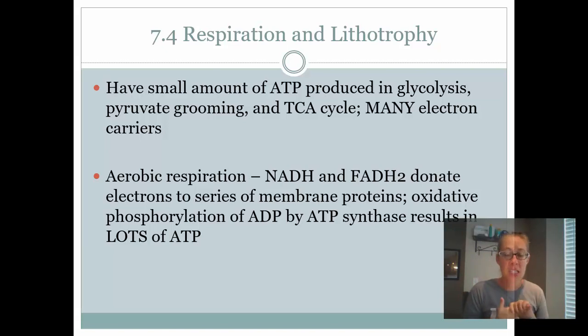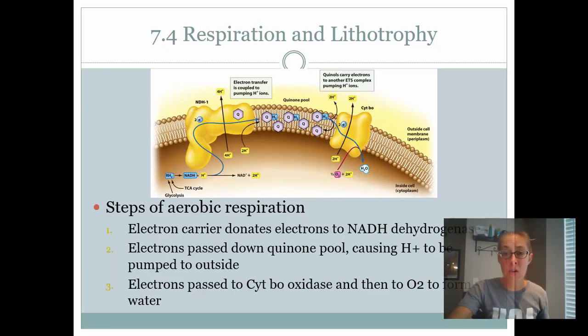But the context that we are going to look at it for is how we generate ATP by having these hydrogen ions flow through ATP synthase and ultimately result in the phosphorylation of ADP, yielding lots and lots of ATP, way more than we could get simply by substrate level phosphorylation. So this is aerobic respiration. It's going to require oxygen at the very last step.